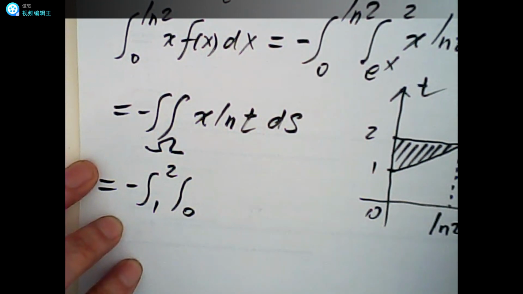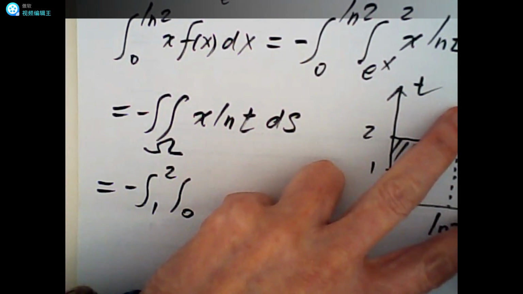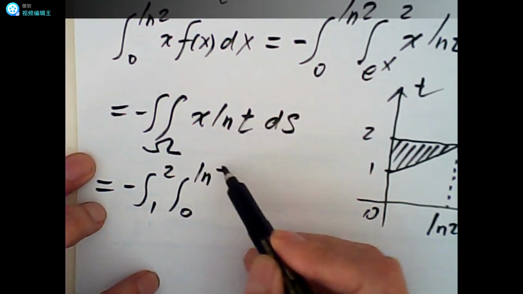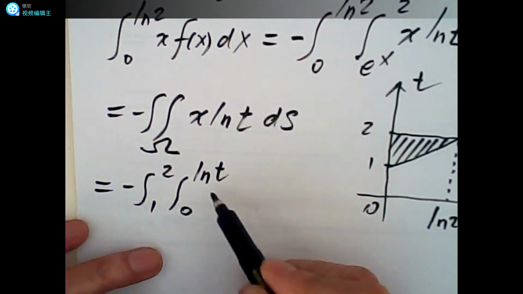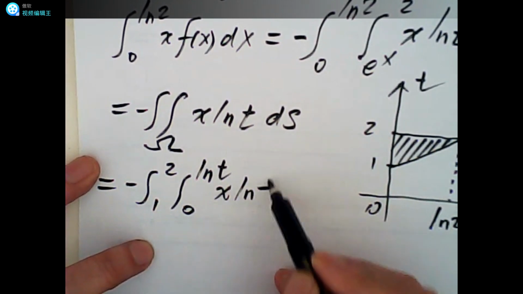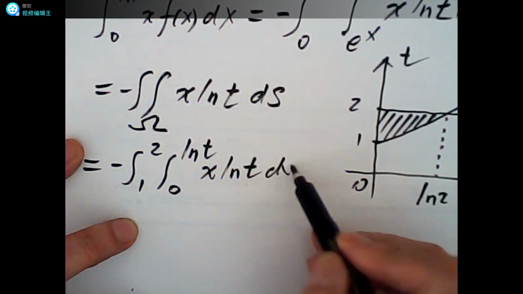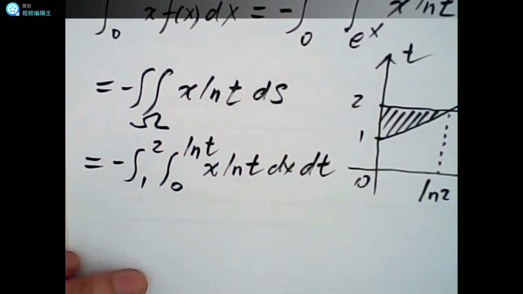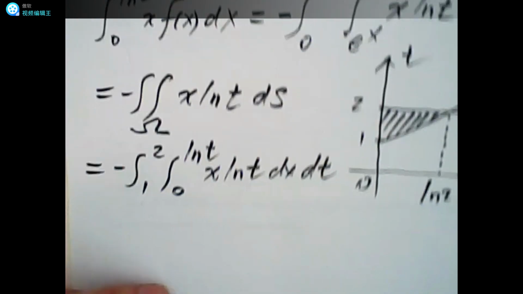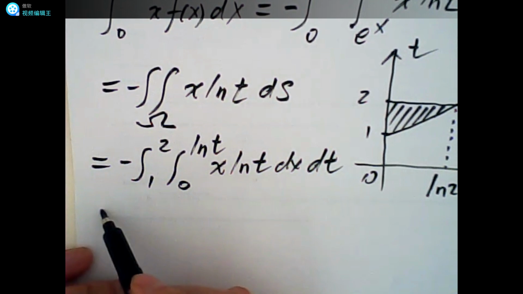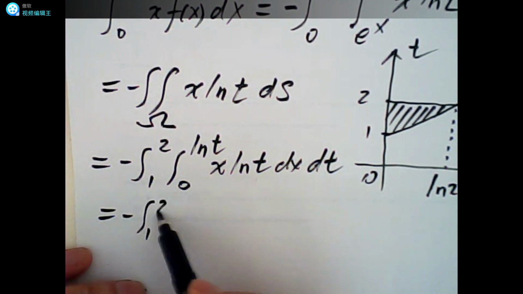This curve is x equal to log t, right? So log t. And x log t dx dt. I hope everything's okay.